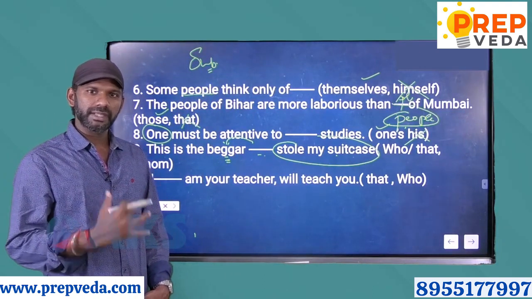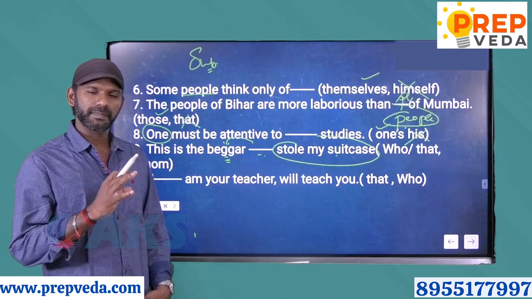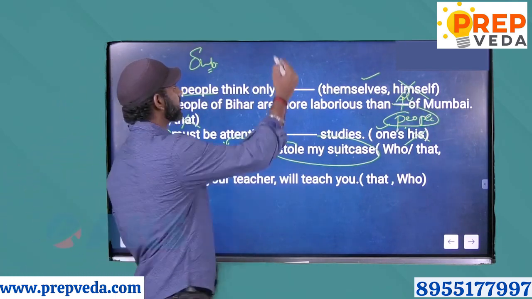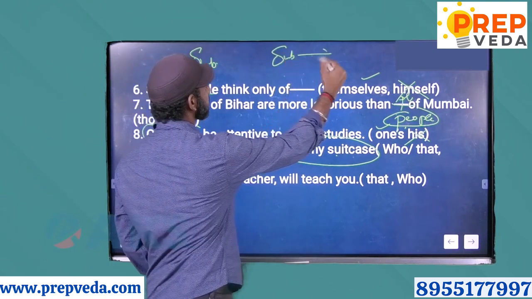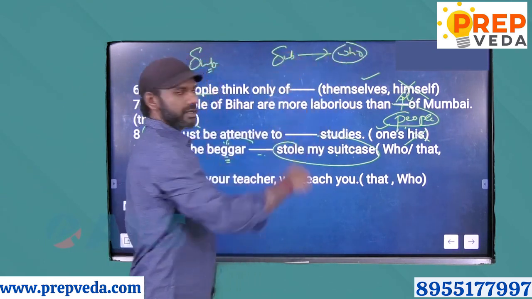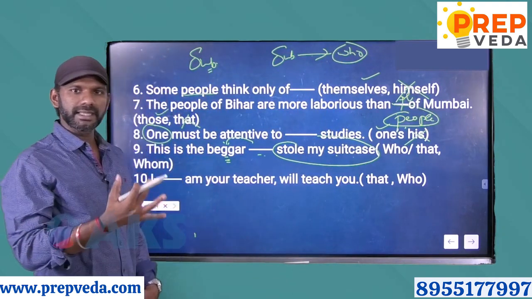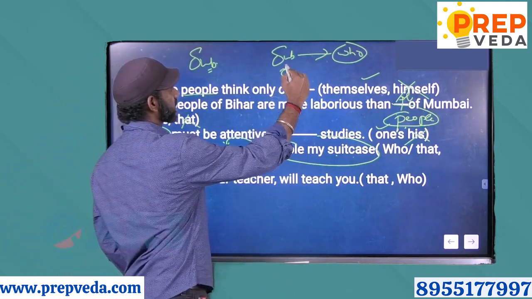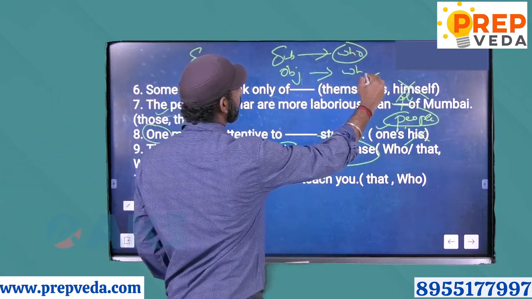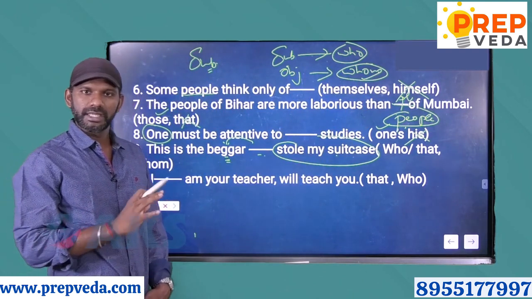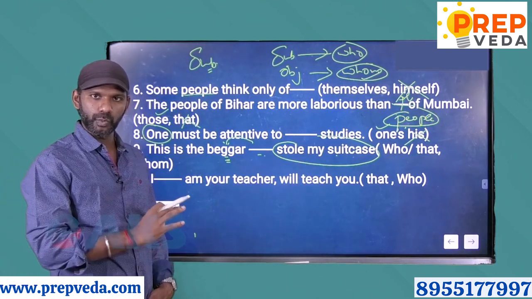Now, if the noun or pronoun is acting as a doer of the action, that means the subject, we have to use who. Because who is referring to the subject. If the noun or the pronoun is acting as a receiver, meaning the object, we have to use whom. So if it is a subject, doer, it must be who. If it is the object, receiver, it must be whom.